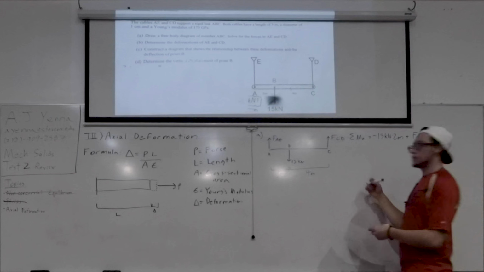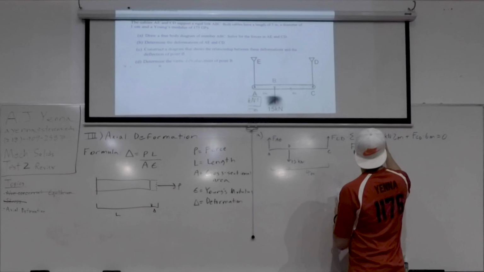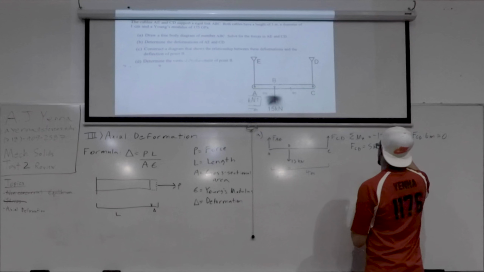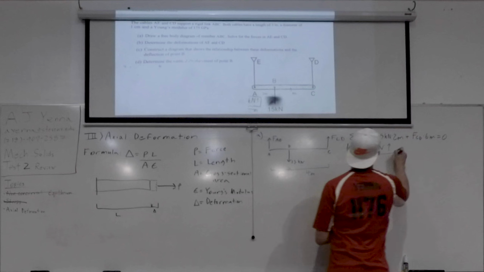Solving for the force in cable CD gives you 5 kilonewtons. It was positive 5 kilonewtons since I was drawing it up, so it's 5 kilonewtons up. So that's your first force.